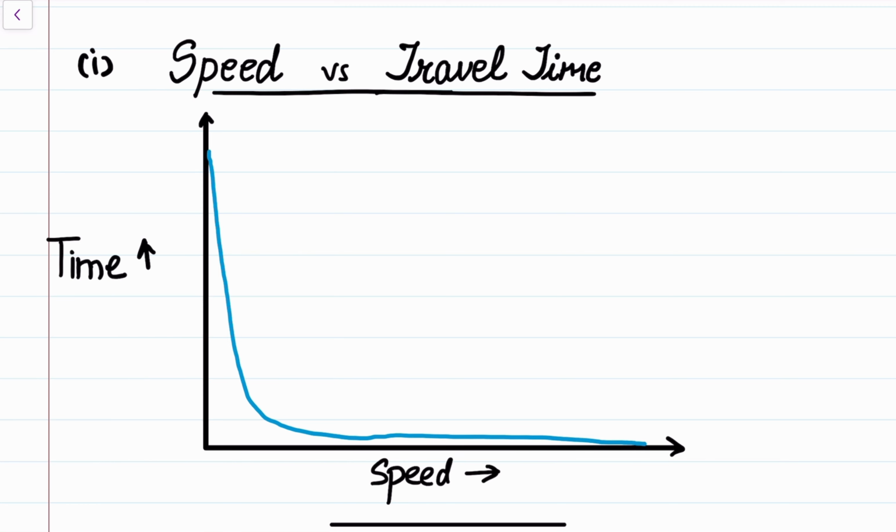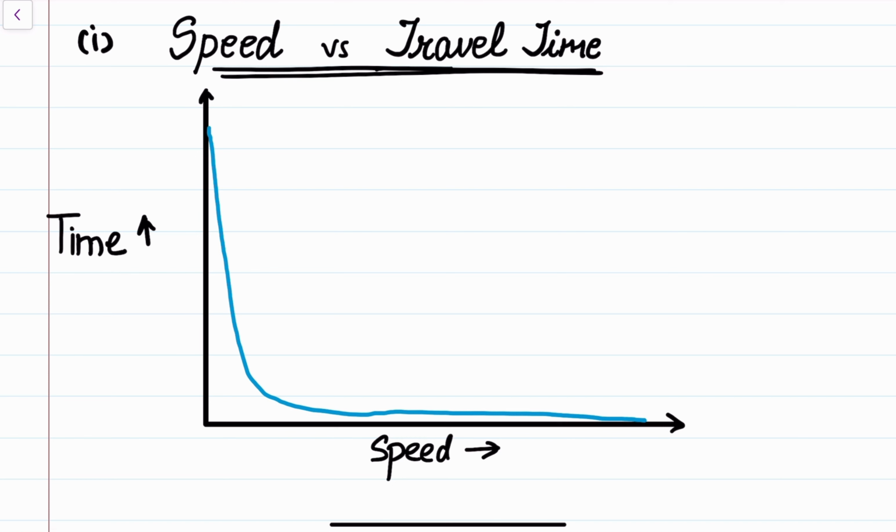The first is speed versus travel time, and the graph is shown here. You can see from the graph that at speed equal to 0, the time is 0. That is, in the road section there is no vehicle moving, and since there is no vehicle moving, there is no speed, and the time required to cross this section is also 0.